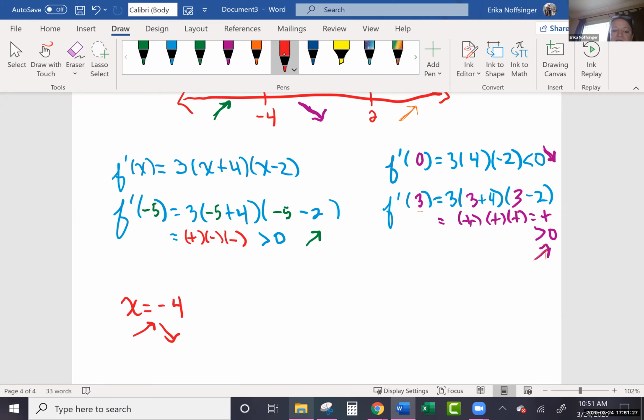So x equals -4 is where a max occurs. And then if I look at x equals 2, to the left of 2 it was decreasing, and then at 2 it changed direction and started increasing. And so from decreasing to increasing, I know a min occurs.